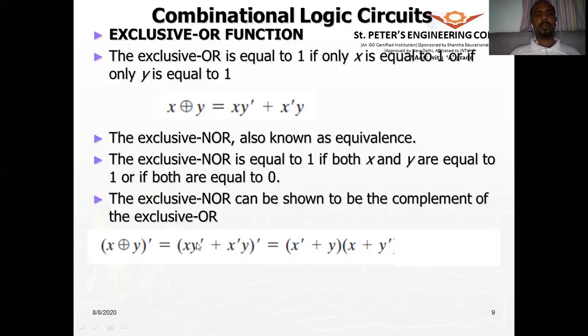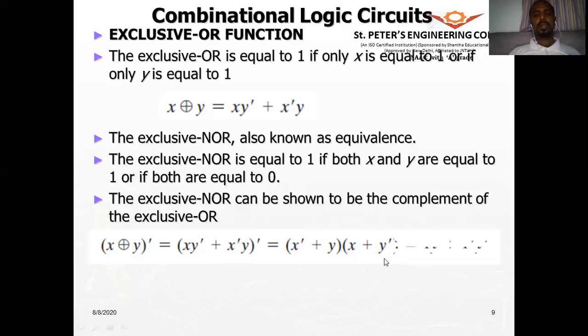So Y double complement equals to Y. So therefore, this term will turn out to be X complement or Y. And we know that this OR operation will become AND operation here. And here, this will become X complement and Y. This will become X or Y complement.